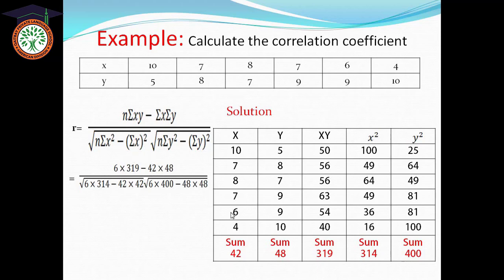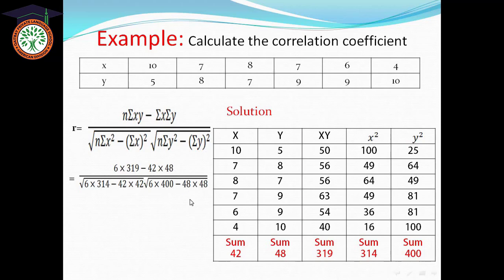The sum of X is 42. 42 squared means 42 times 42. And now the square root for n, which is 6, times the sum of Y squared, the last column, which is 400, minus the sum of Y all squared. The sum of Y is 48. All squared means 48 times 48.